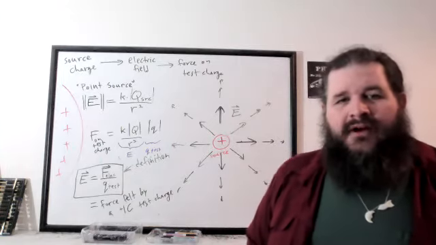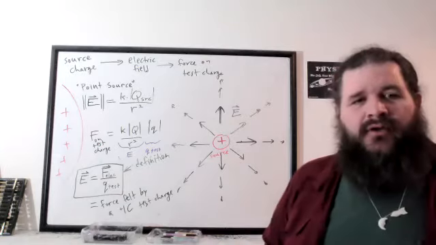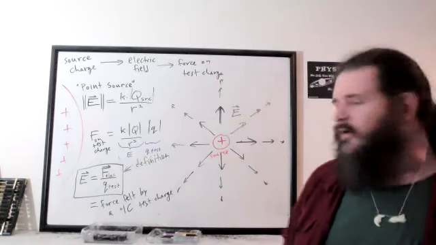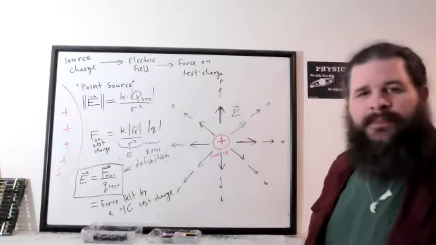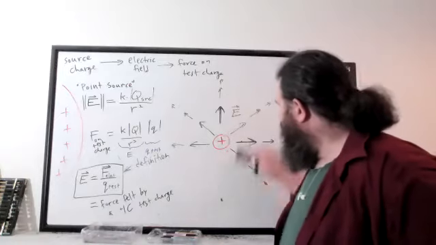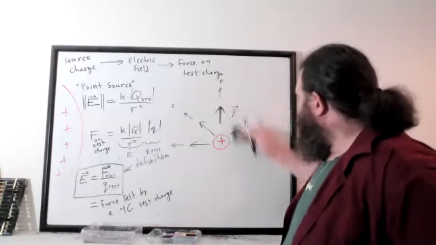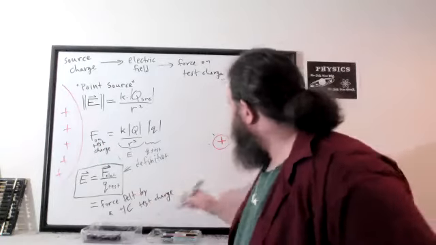Of course, drawing out all these arrows can get really tedious. So usually, instead of drawing out the individual arrows, we just draw out the general trend lines. For instance, I'm noticing we get arrows pointing just away in all directions. So usually the way we draw this is what's called a field line diagram. Instead of drawing the individual vectors, we just map out the overall trends.